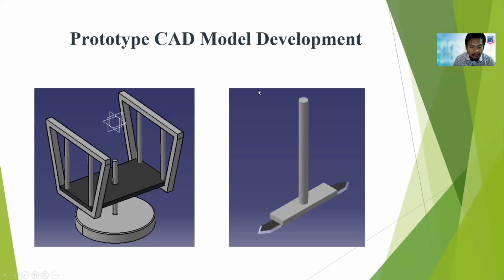For the design, there are three main parts. The first main part is the cutting tools. The second is the base plate for the engine mount, and the third part is the frame, to make the plate move up and down to adjust the cutting height for the cutting tools.